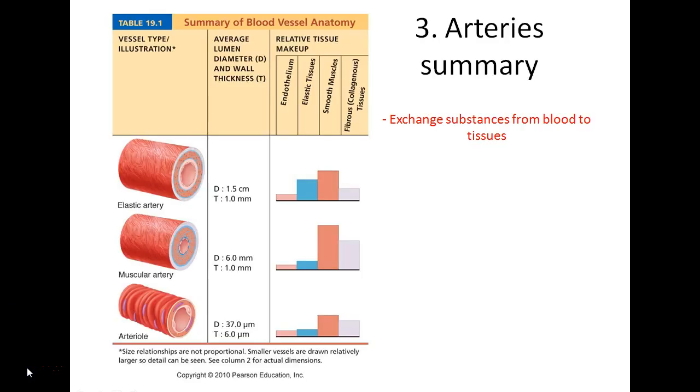And this is a nice summary showing blood vessels compared. We get to compare and contrast those elastic and muscular arteries with the arteriole. Notice how we compare and contrast the elastic tissue, the smooth muscle, and the prevalence of the fibrous tissues.